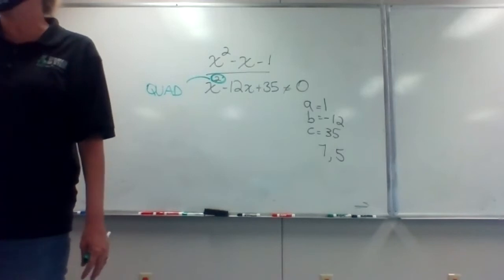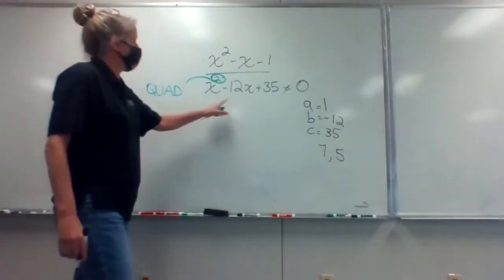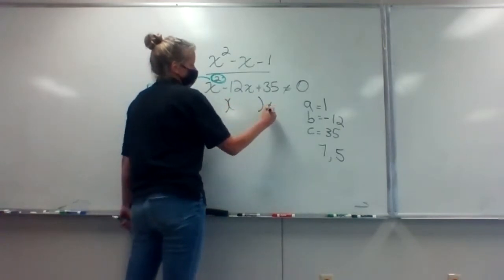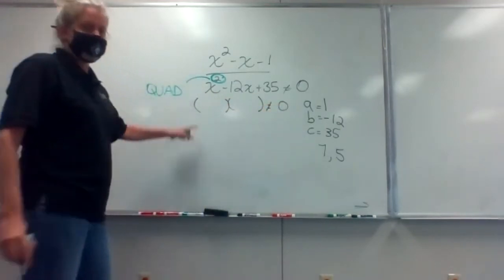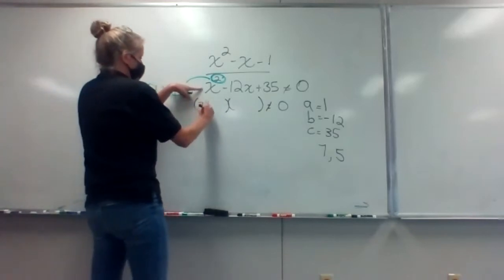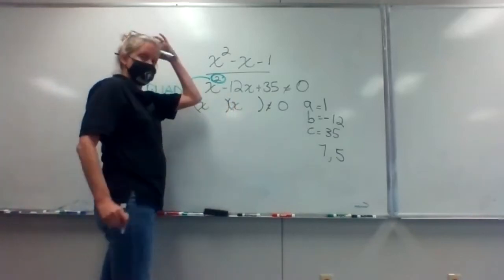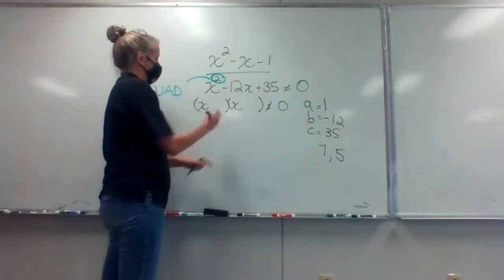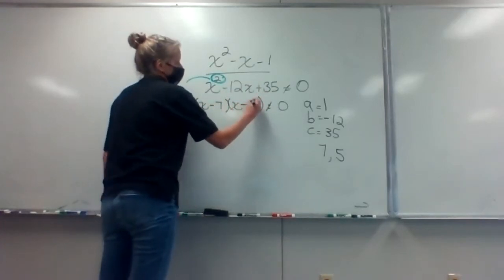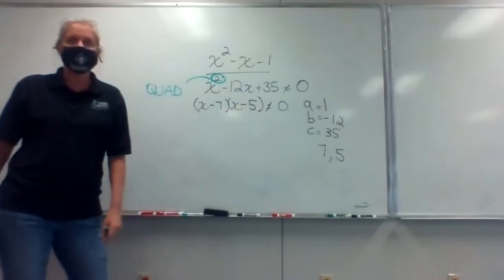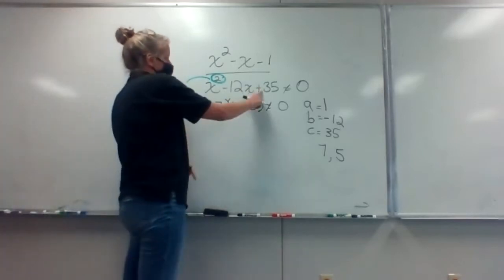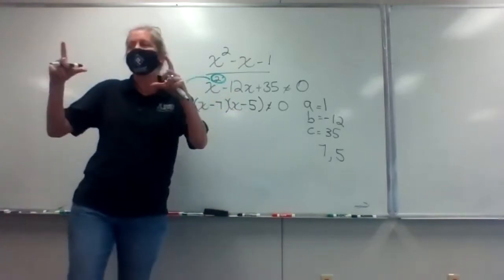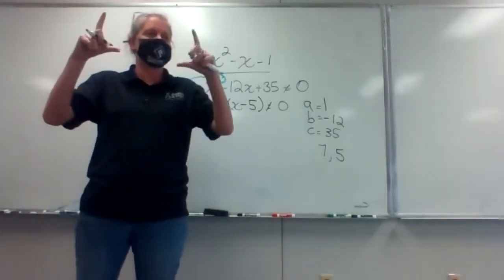If you didn't have your quad, then the other method would be to factor the denominator. So I would have x and x for x squared. Factors of 35 that add to negative 12 would be negative 7 and negative 5, right? Multiplies to positive 35, adds to negative 12. But then what do you do with your factors when you're solving quadratic equations?